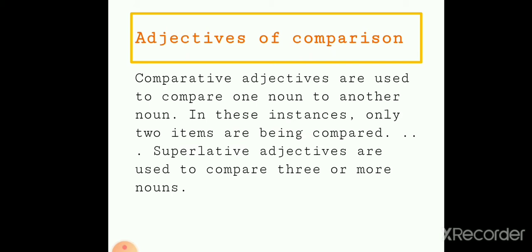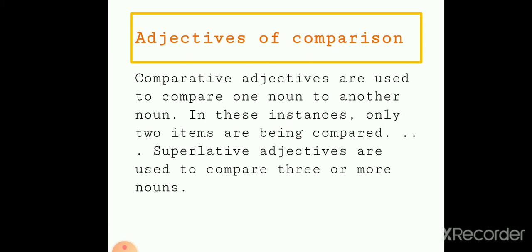Adjectives of comparison. These are the adjectives with which we compare one noun with another noun. Comparative adjectives are used to compare one noun to another noun. In this instance, only two items have been compared, whereas superlative adjectives are used to compare three or more.